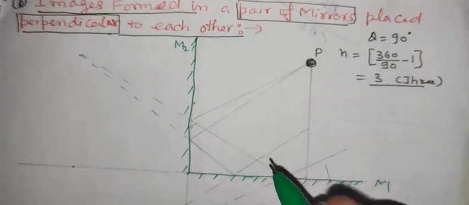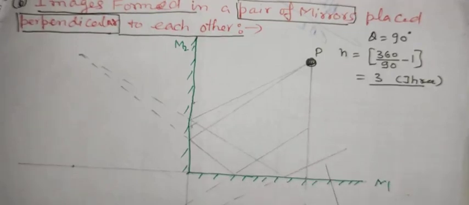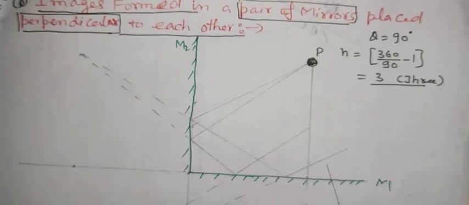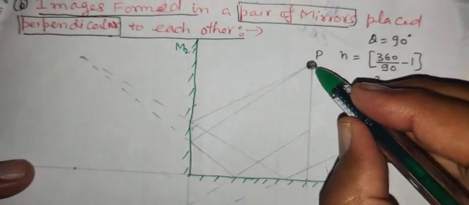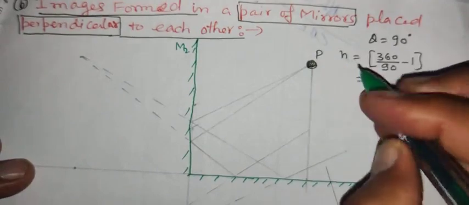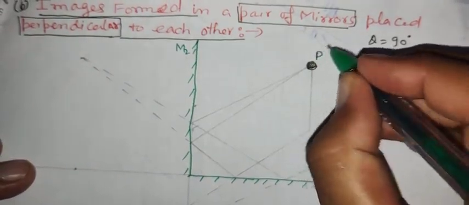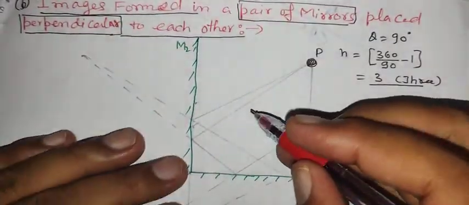We have already told in a number of lectures, when you want to make a ray diagram, we always take rays of light from the object. So the object is here, P. From P, we are taking two rays of light.